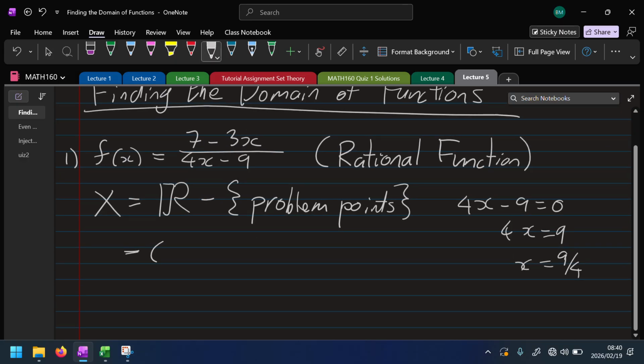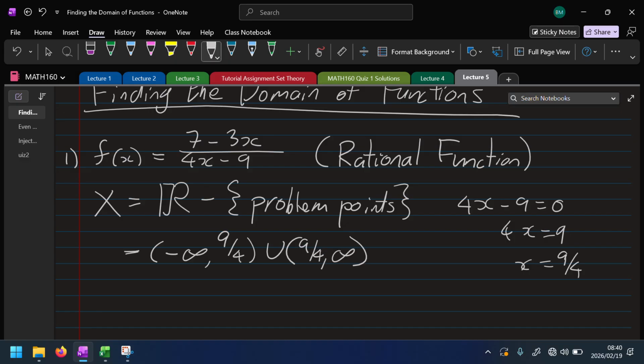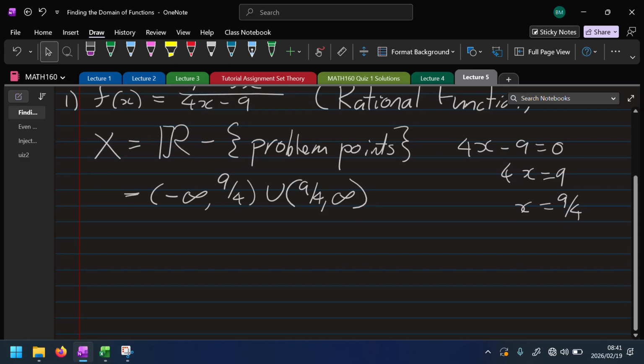So this is all the real numbers from minus infinity up to this point that we want to remove, union, and then all of the numbers after the point that we remove. Okay, and that's our domain. It's everything except this point over here because the function is clearly not defined there. Any questions for this first problem? Pretty straightforward.